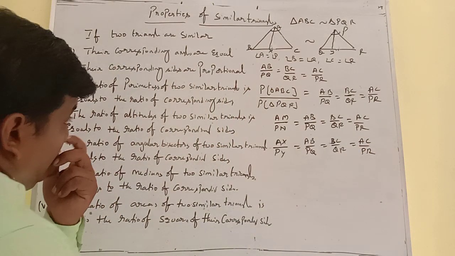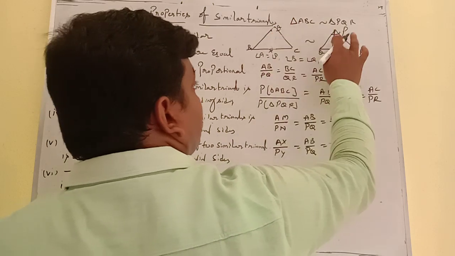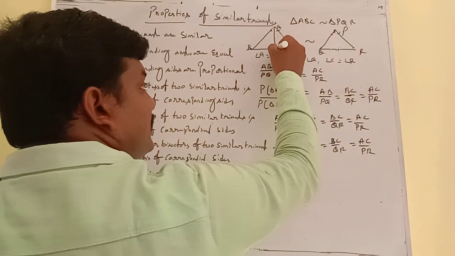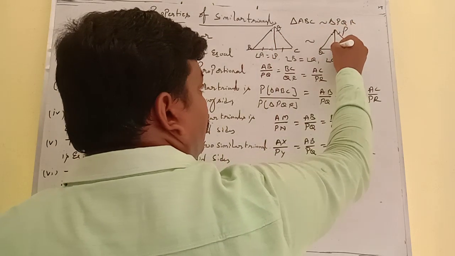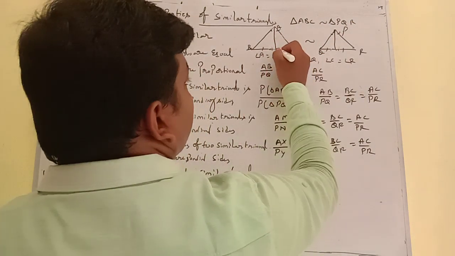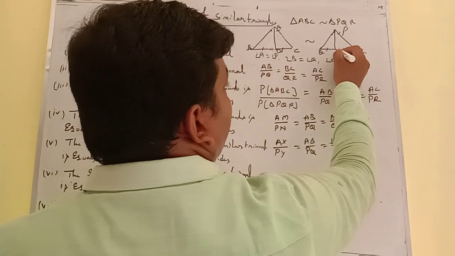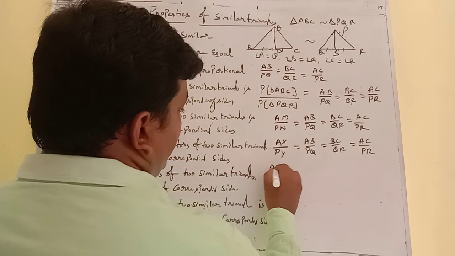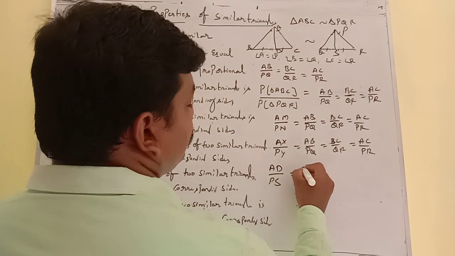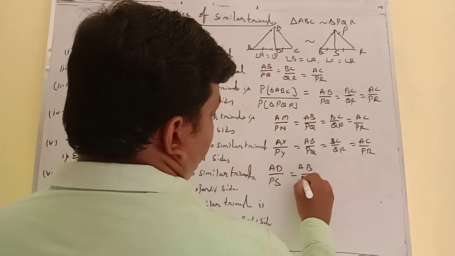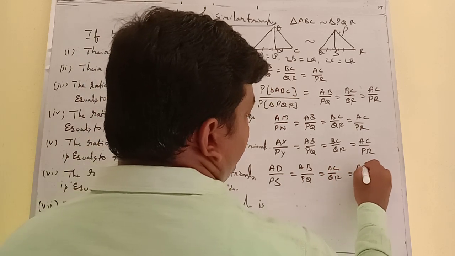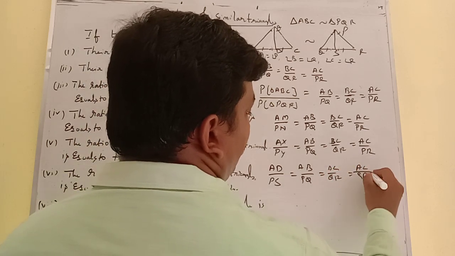Now you can consider the medians ratio. A median divides the opposite side into two equal parts. This is AD and PS. Then AD by PS is equal to AB by PQ, that is equal to BC by QR, that is equal to AC by PR.